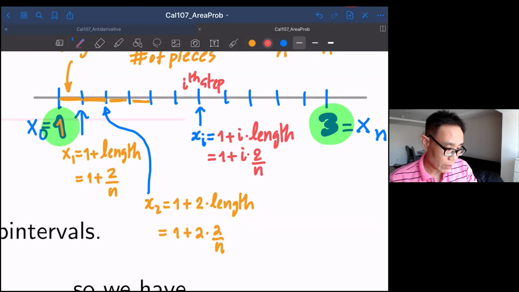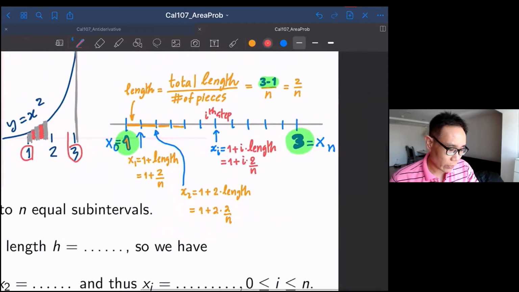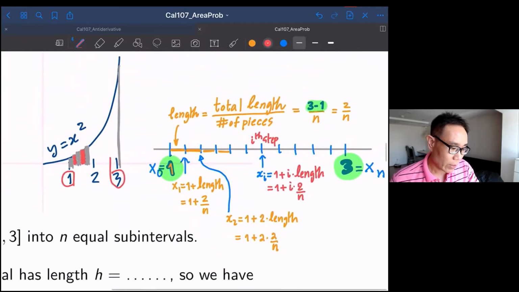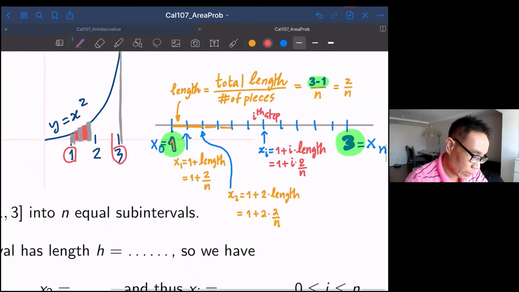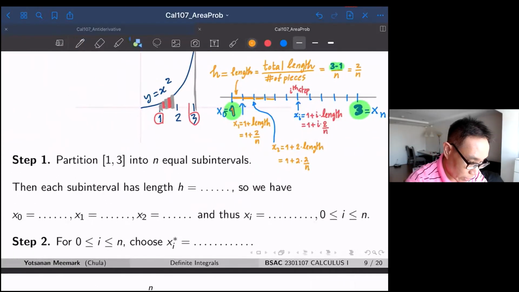Okay, so you see that we have x1, x2 until xn, and you have the length. The length that I used here, I'm going to use the notation h. So my h is the length. So that is my h. I'm going to fill in 2 over n here.